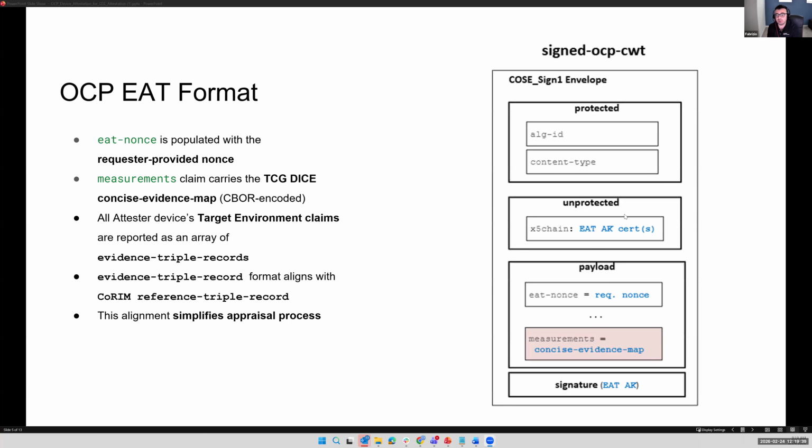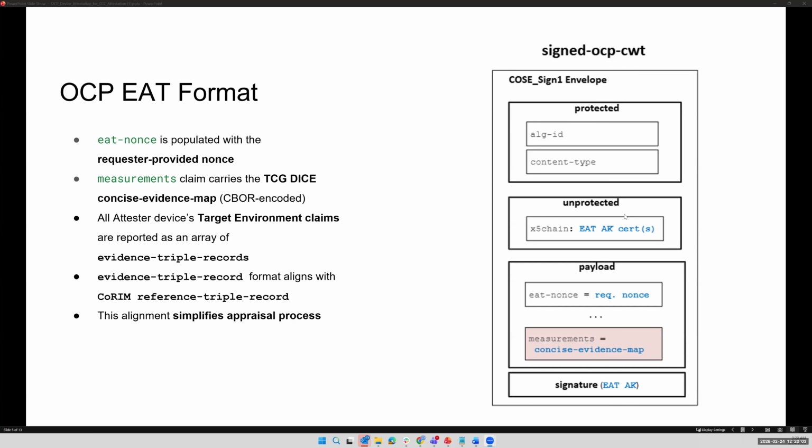No, I think that the concise evidence is generic enough for doing whatever we want to do. It doesn't target a specific attestation schema. It can be reused in whatever thing. I mean, you can use it however, but I still don't see a use case where you would not like to have it bound to the connection underneath.